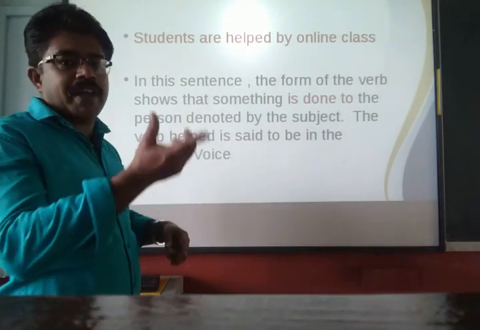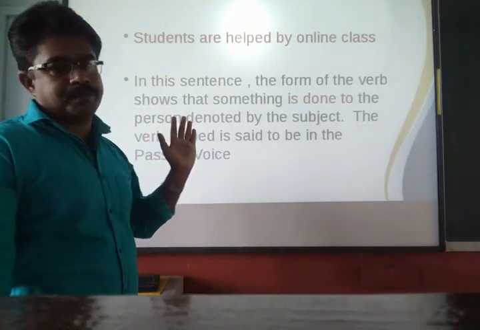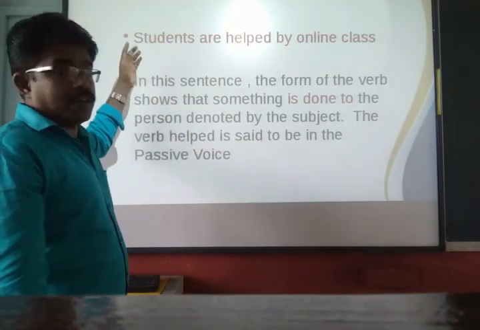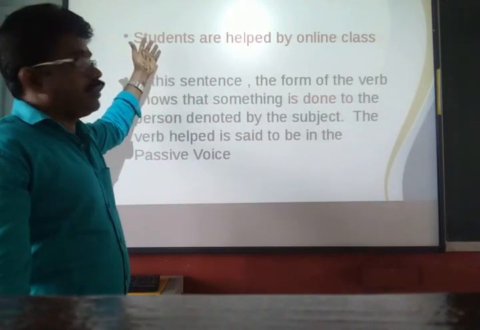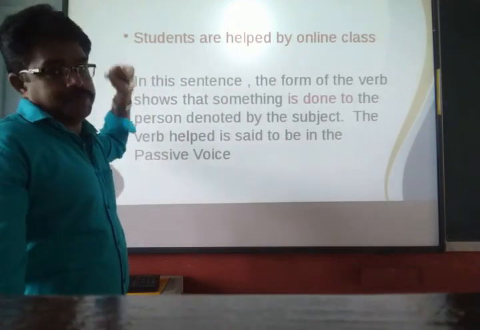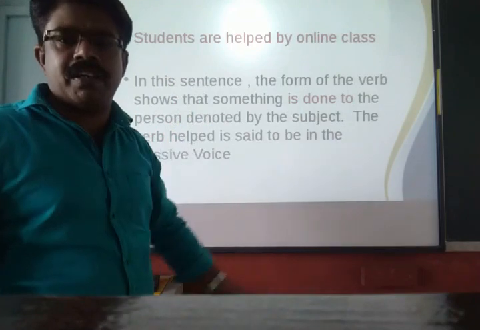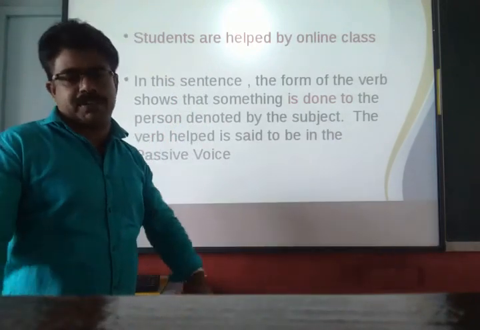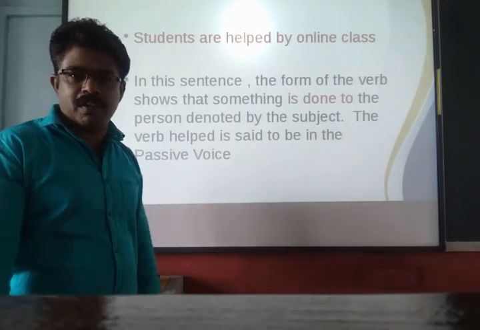The subject and object have just changed their order, and here the subject, students, is passive. Passive means they do not do anything.